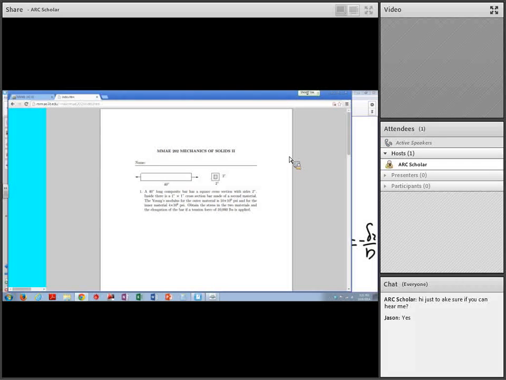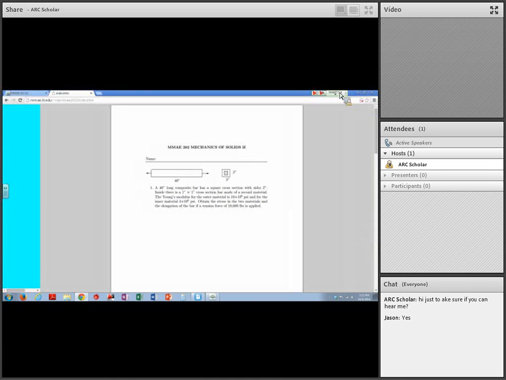So in this question, the first thing you have to analyze is that they are stuck together.